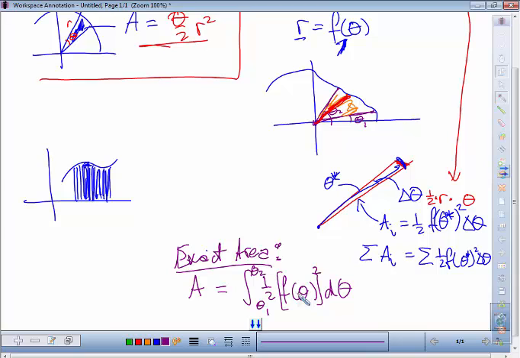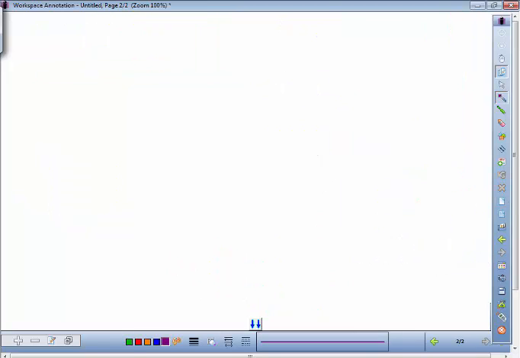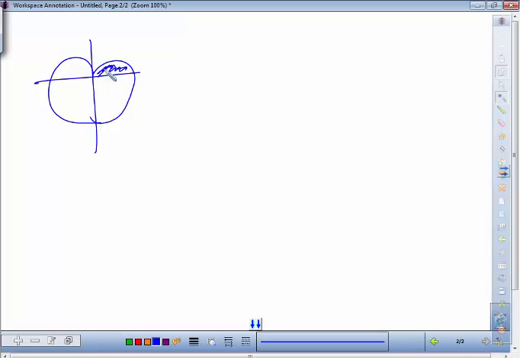So we had a cardioid problem the other day, where we might be interested in finding the area in the first quadrant.